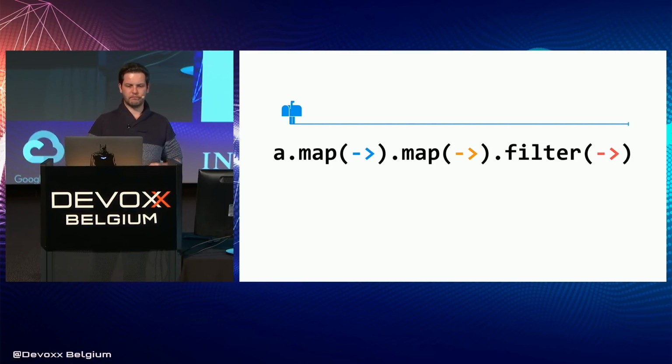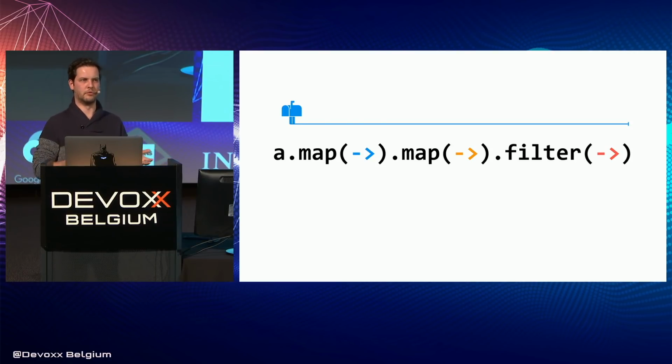So yeah, the idea is, again, it's an optimization. It's only for operators that are compatible with each other, but that's detected automatically, and you don't have to do anything to benefit from it.